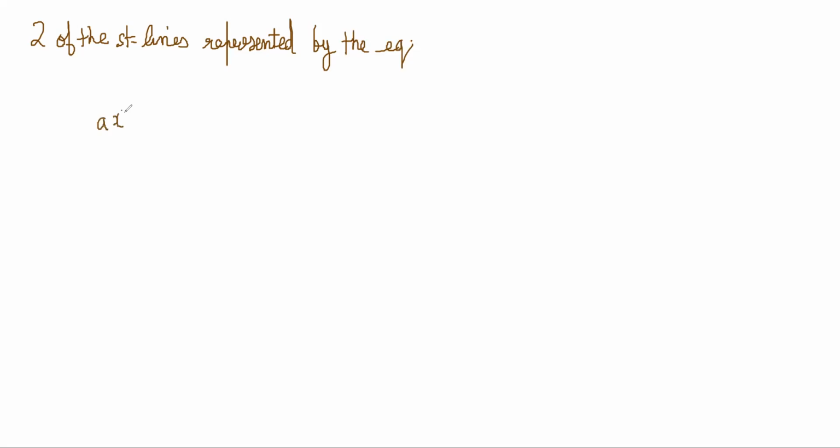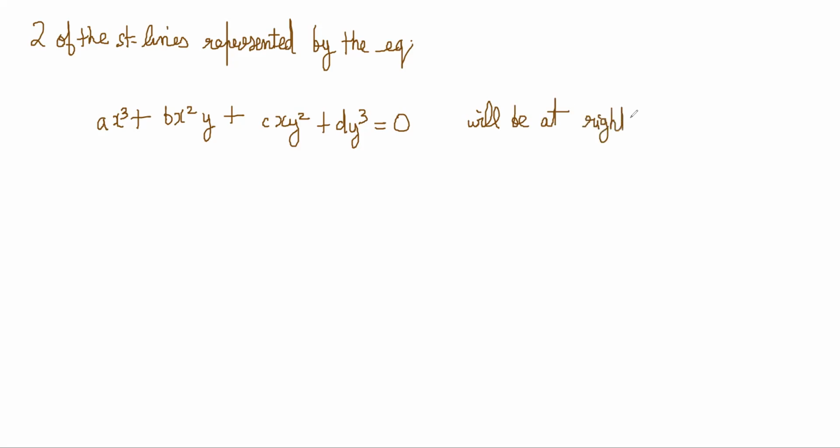Prove that two of the straight lines represented by the equation ax cube plus bx square y plus cxy square plus dy cube is equal to 0 will be at right angles if a square plus ac plus bd plus d square is equal to 0, right? That is the question.